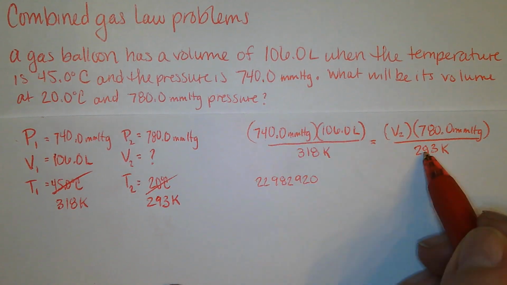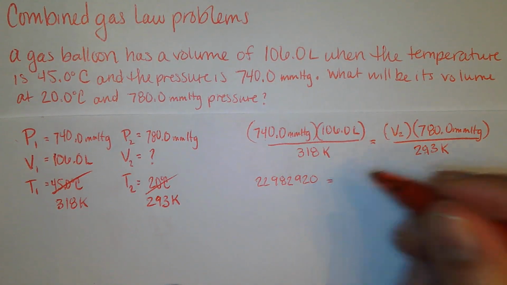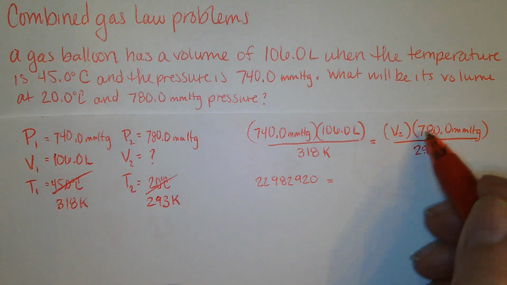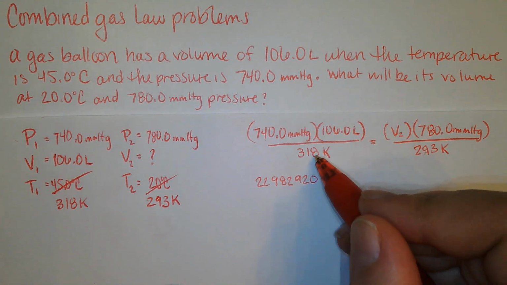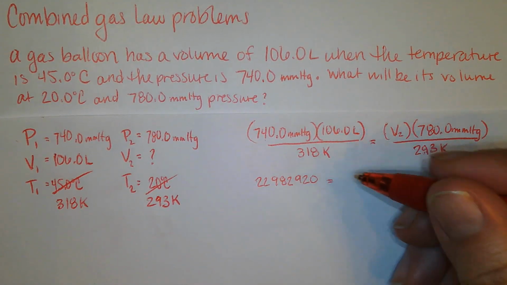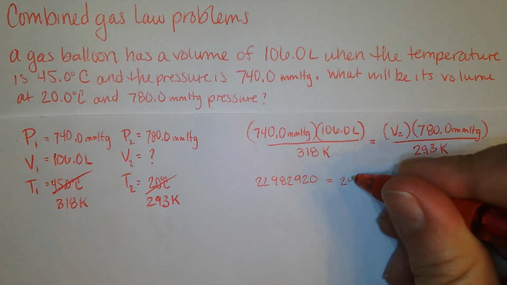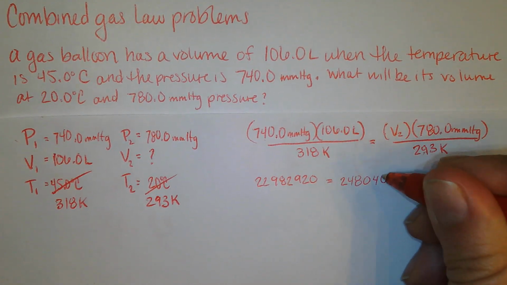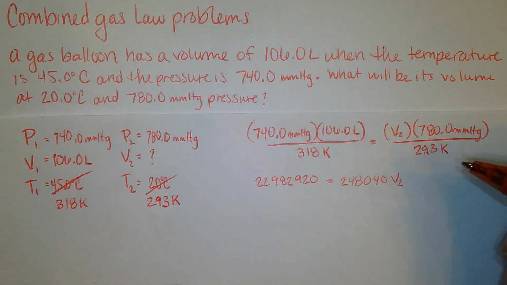So that's this times this times this, they're diagonal, equals this times this times this. Now obviously this is our variable, so just 318 times 780 equals 248,040 V2.